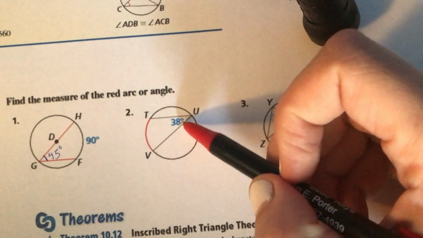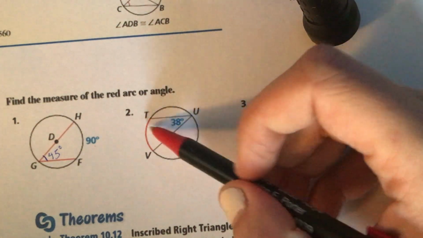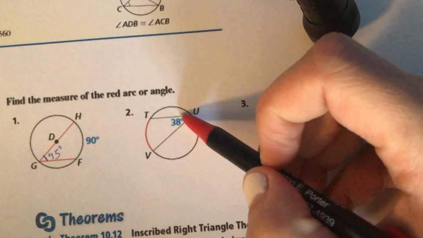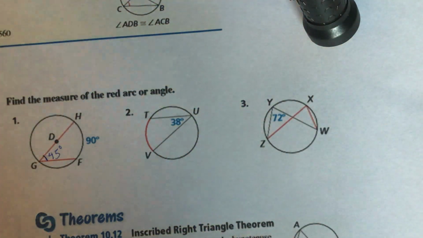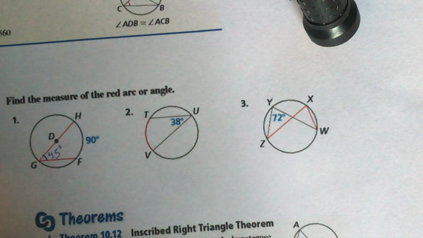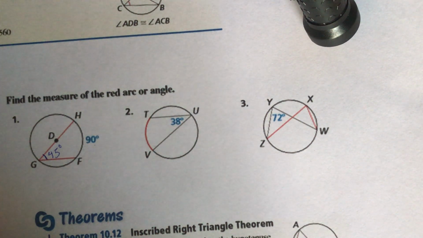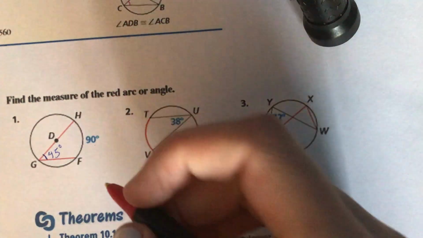Then same thing over here, but this time we're given the angle. How do I find this arc? I'm going to double 38 to find the measure of TU. So that's 76.